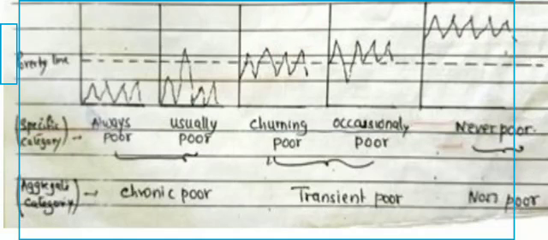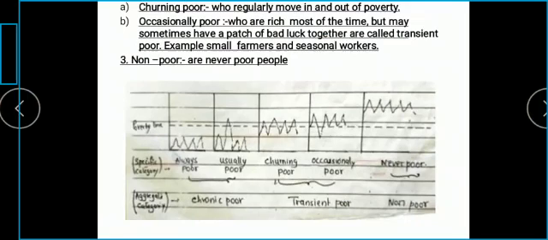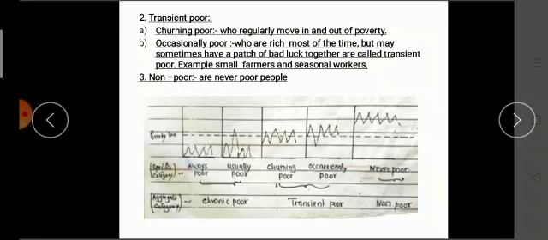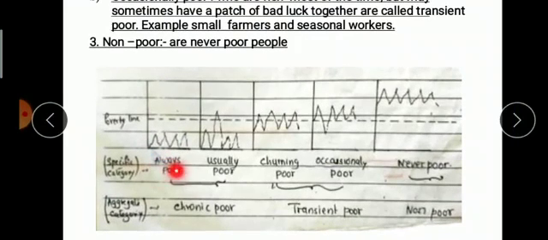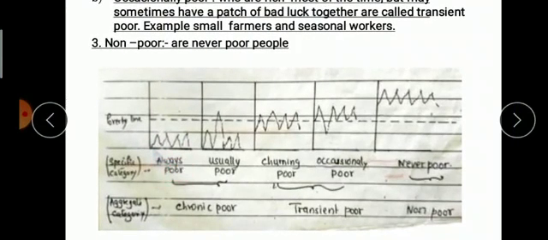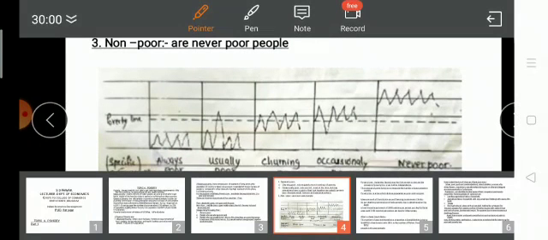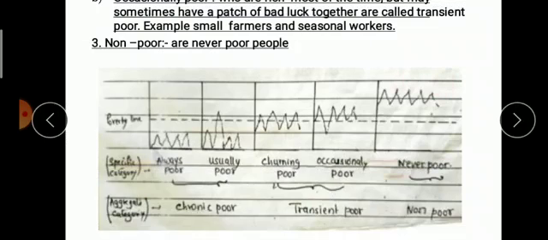Occasionally poor means most of the time they have money, but due to some bad patch or bad luck, they are under the poverty line. Together they form transient poor. And never poor means they are always above the poverty line, they are non-poor.